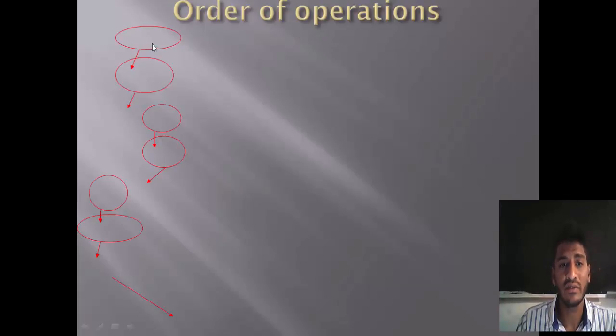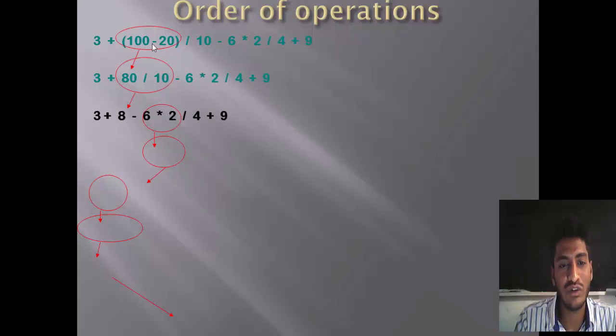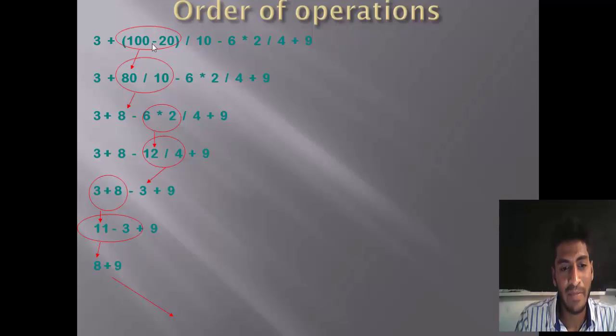Order of operation: 3 plus 100 minus 20 divided by 10 minus 6 into 2 divided by 4 plus 9. 3 plus 80 divided by 10 minus 6 into 2 divided by 4 plus 9. 3 plus 8 minus 6 into 2 divided by 4 plus 9. 3 plus 8 minus 12 divided by 4 plus 9. 3 plus 8 minus 3 plus 9. 11 minus 3 plus 9. 8 plus 9. Answer is equal to 17.